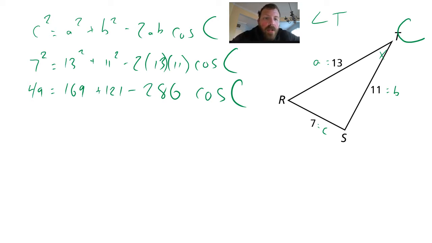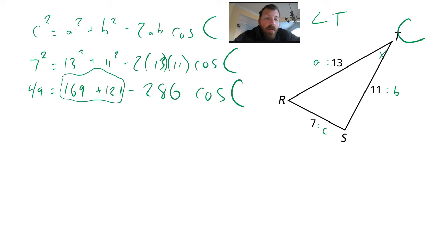However, the only two things that I can combine are these, because this number is attached to this cosine of C. And these don't have cosines of C's, therefore we can't combine them because they're not like terms. Maybe kind of weird to understand that, but we don't really need to combine those because cosine of C is attached to the negative 286. So we can only combine 169 and 121.